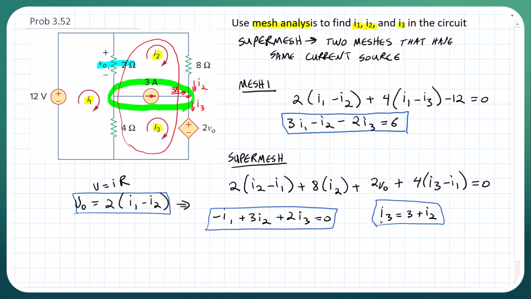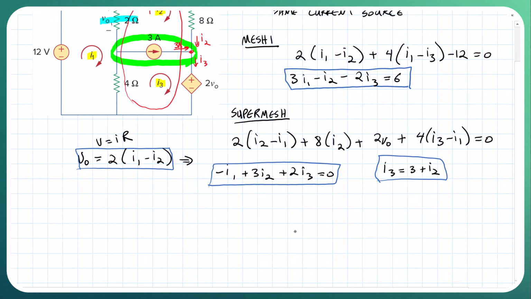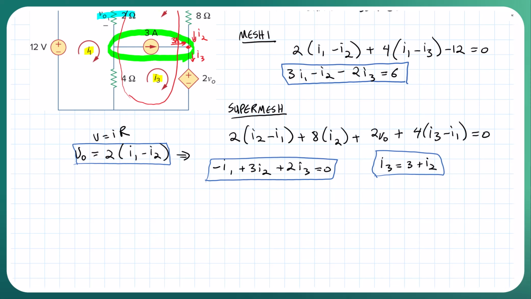So now we've brought that current source back into the full circuit, and then using these equations we can just substitute, and then we can solve for I1, I2 and I3, and we find that I1 is 3.5 amps, I2 is minus 0.5 amps, and I3 is 2.5 amps.